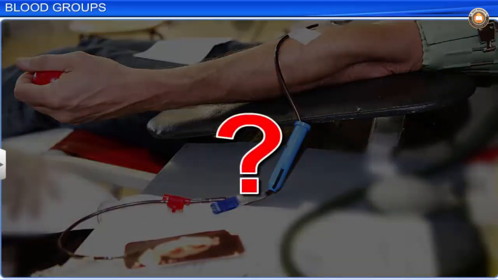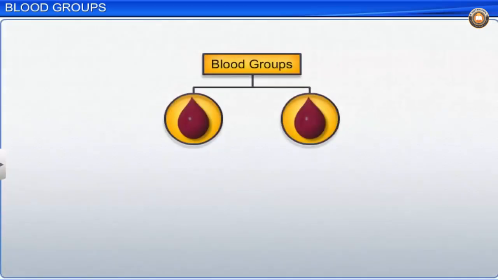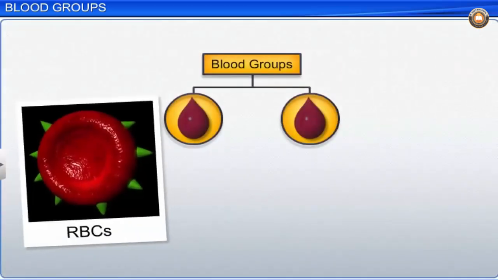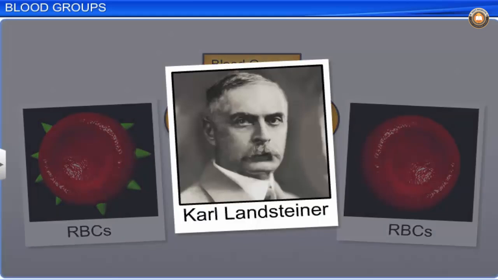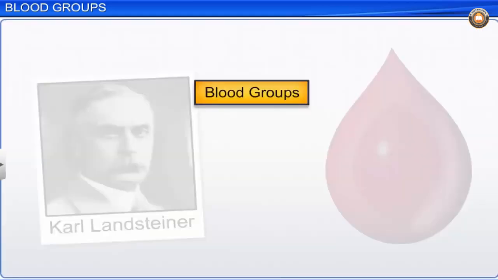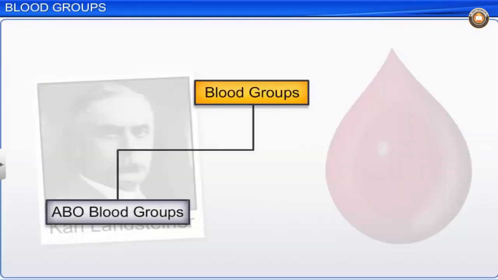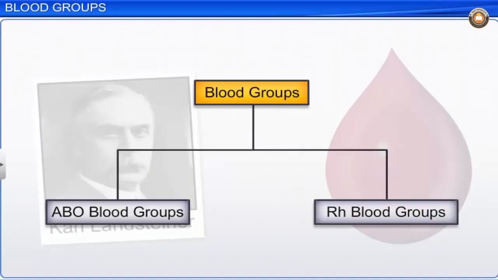Do you know what your blood group is? Blood in humans can be grouped based on the presence or absence of special proteins called antigens on the surface of the red blood cells or RBCs. Based on these differences, Karl Landsteiner categorized blood groups into the ABO and Rh blood groups.